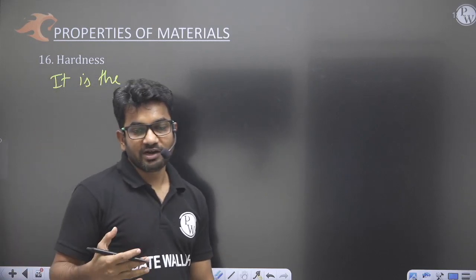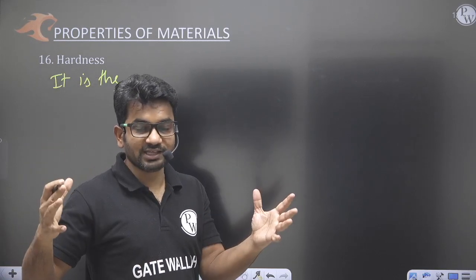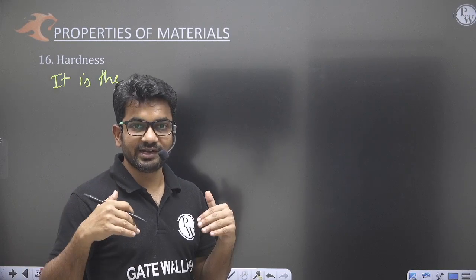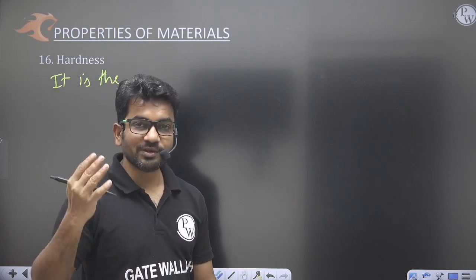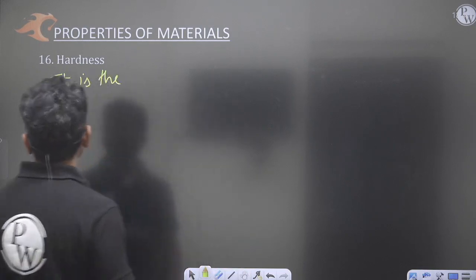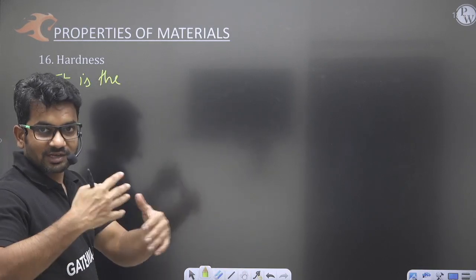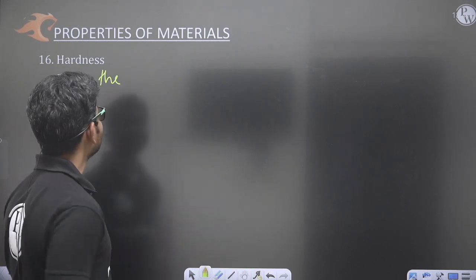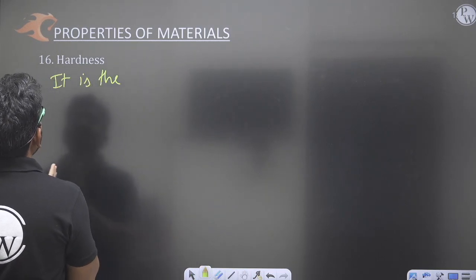Sometimes you might have heard the expression that from the outside he is hard, but from inside that person is soft. If the person is hard from outside, that means hardness is the surface property. On the surface he looks hard, but inside he has a soft heart.